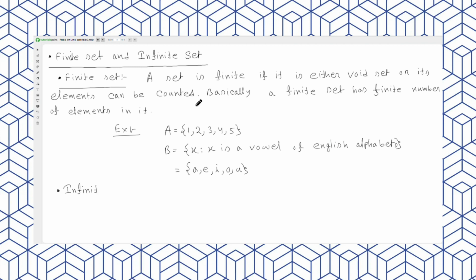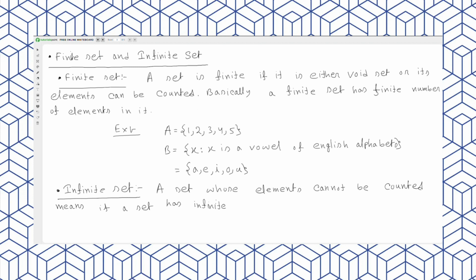Now the second one is the infinite set. If a set has infinitely many elements in it and that is uncountable, that's called an infinite set. So we will take some examples. Let C be the set of all natural numbers, written as 1, 2, 3, 4 up to infinity. This is an infinite set.